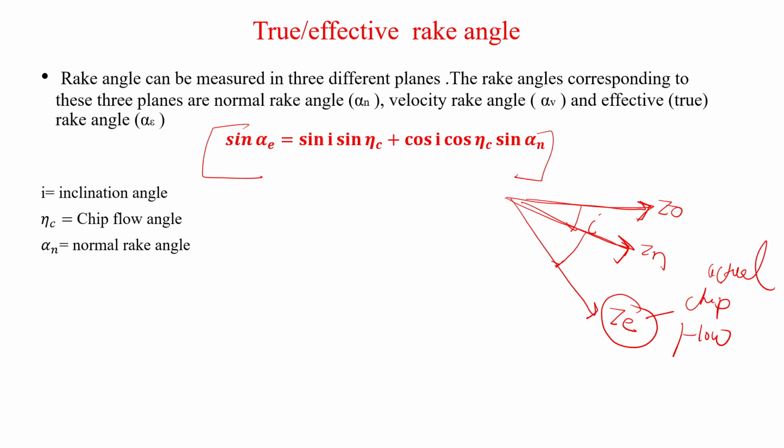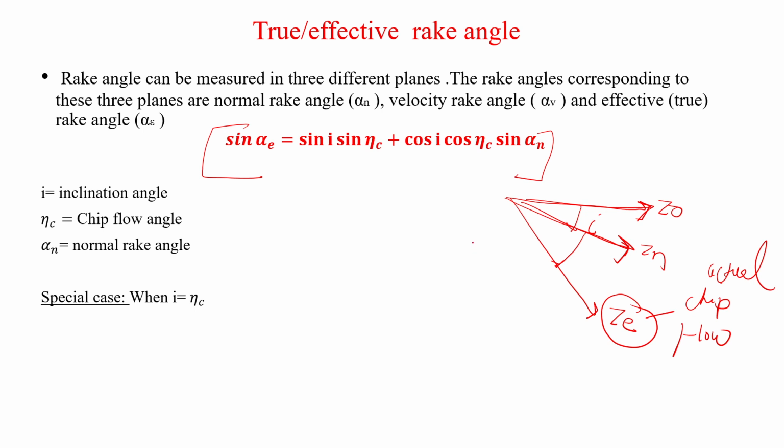Now this is the formula, but there is a special case. When I, the inclination angle, becomes equal to the chip flow angle, it means the angle by which the chip deviates from the orthogonal plane to the normal plane is the same as the flow angle of the chip.